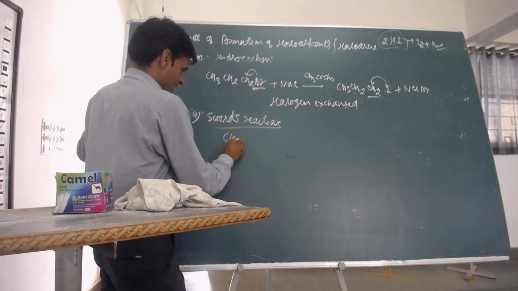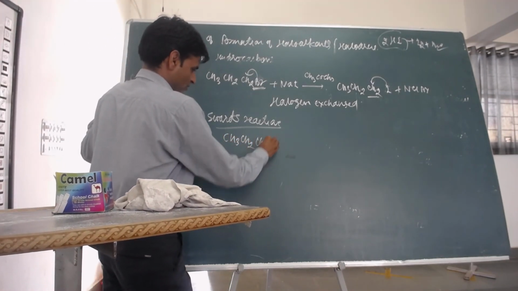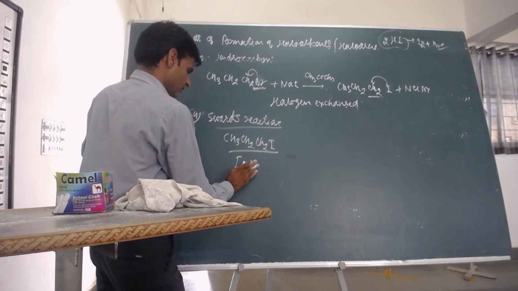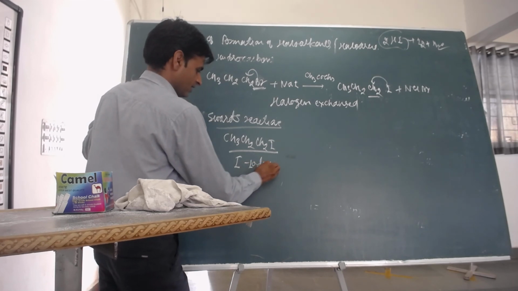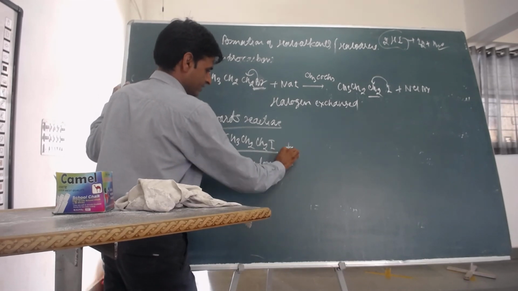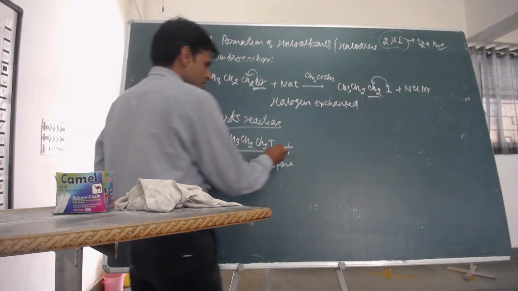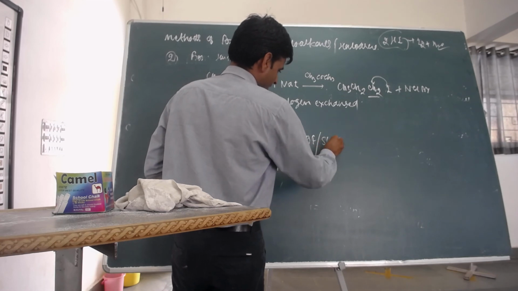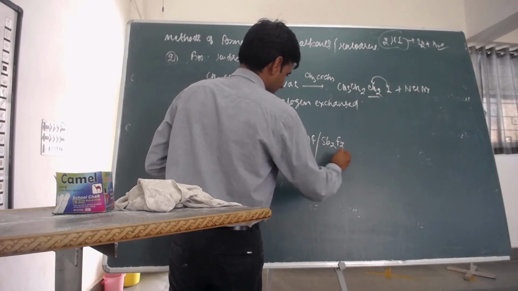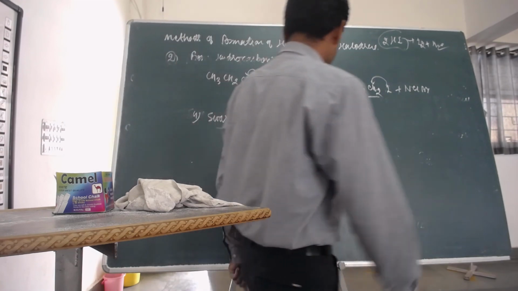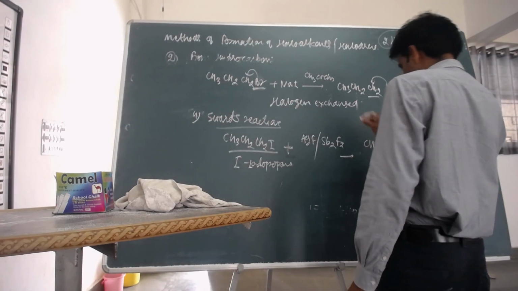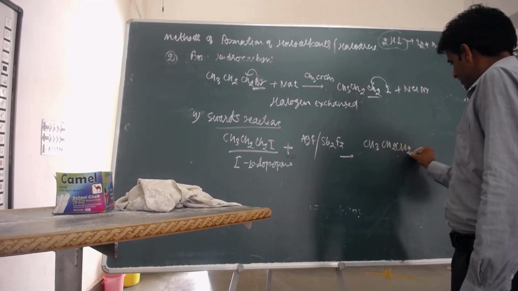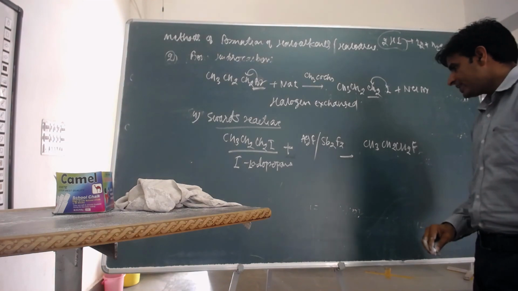For example, CH3CH2CH2I, 1-iodopropane. When this reactant is treated with silver fluoride or antimony fluoride, then we mainly obtain the fluoroalkane CH3CH2CH2F.